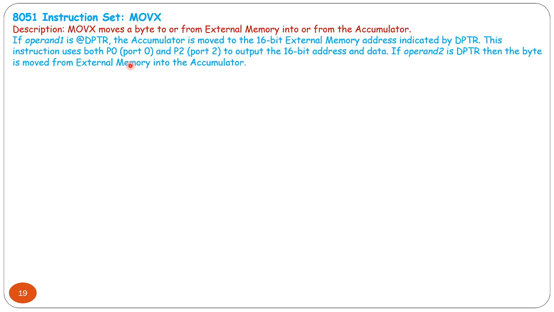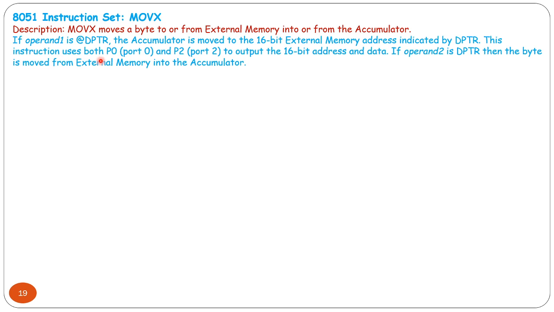So this MOVX. Now the description of this instruction: if the operand 1 is DPTR, so this DPTR gives the address of memory location. The accumulator is moved to the 16-bit external memory address indicated by DPTR.